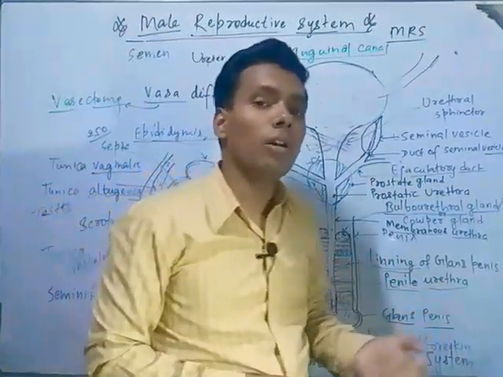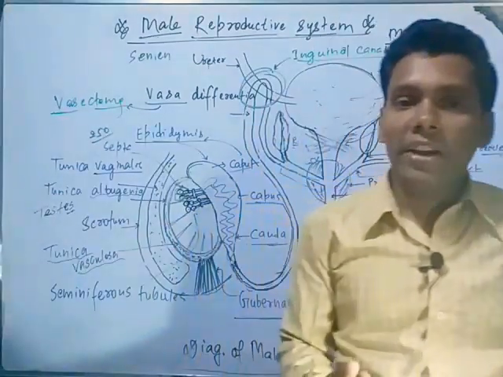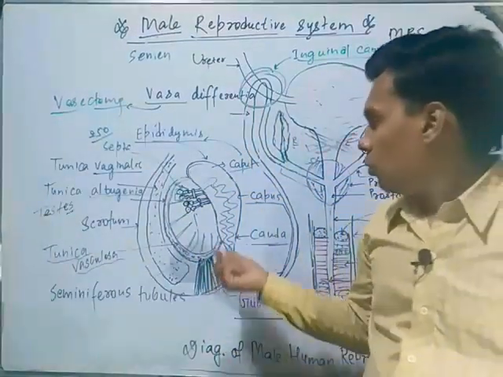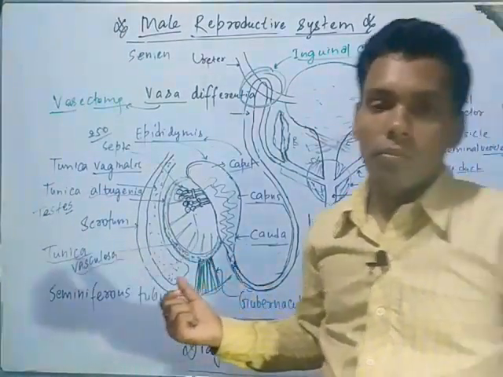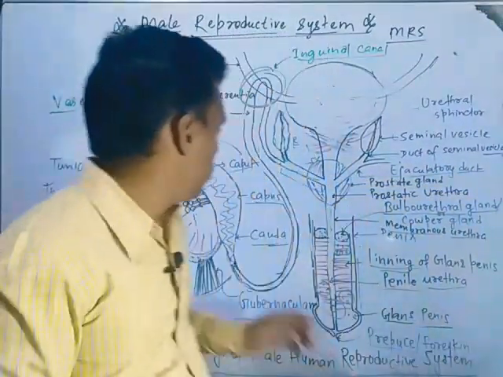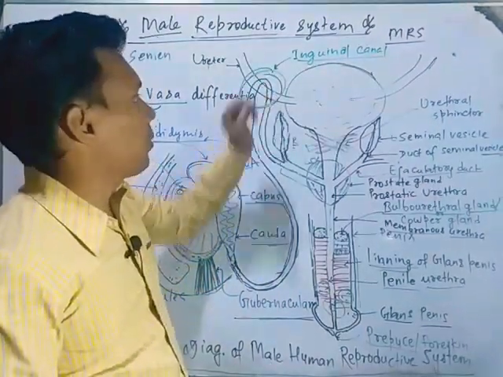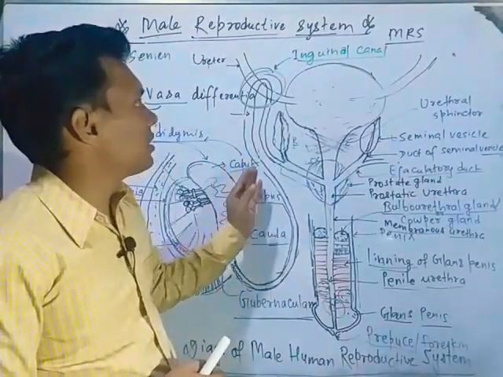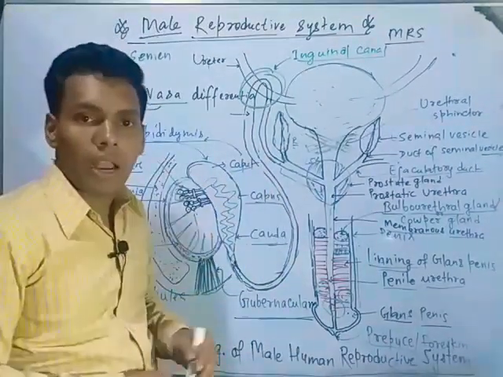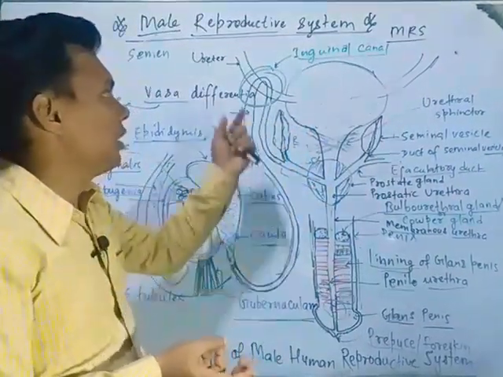Through the spermatic cord pass arteries, veins, and nerves attached with the testicular nervous control. The spermatic cord and vas deferens pass through the inguinal canal.